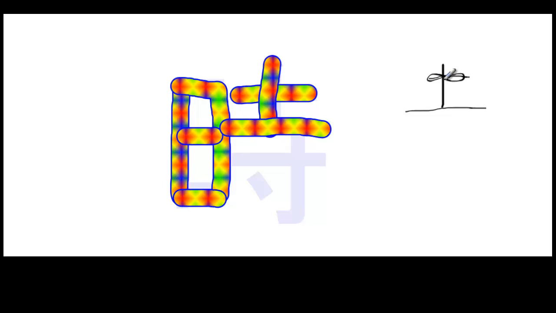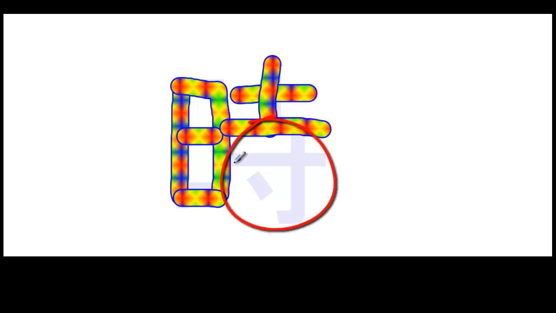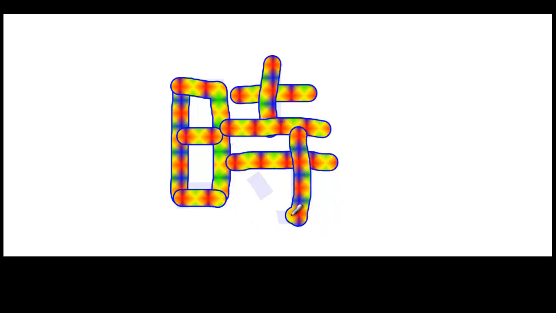Now underneath the ground we've got an element which is derived from a picture of a hand, and it goes across here, down here, and then that little extra bit. It can mean a hand, and it also has come to mean measure. So if you've got a place where you've got hands doing clerical work, then that's a temple.